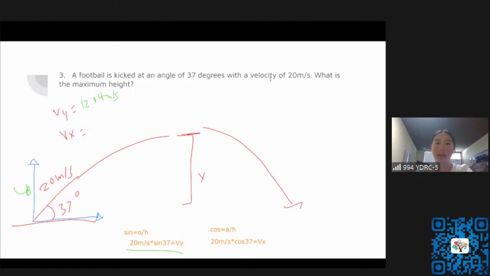Guys, type what the final velocity at maximum height would be. What is the vertical velocity here? Cherie, that's correct. Steven, that's correct. Guys, I should be getting more answers. What is the vertical velocity at maximum height?